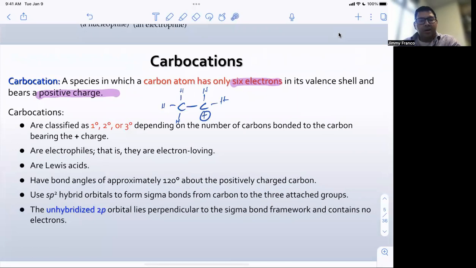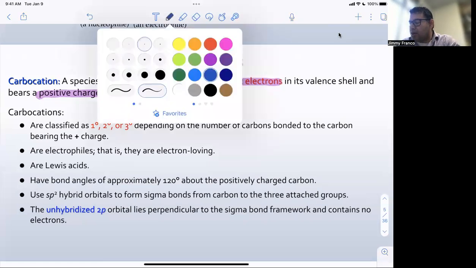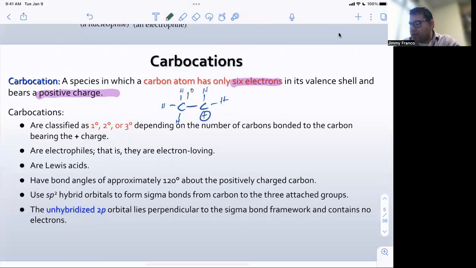There's a carbon here with 3 hydrogens, and it's attached to another carbon. This carbon only has 3 bonds, 1, 2, 3, so that means it's 6 electrons and then a carbocation. Both of these carbons, since they're only attached to one other carbon, are primaries. And so that's why that would be on a primary carbon.